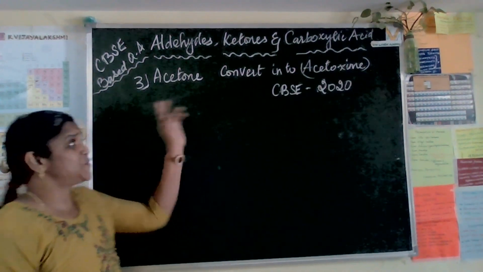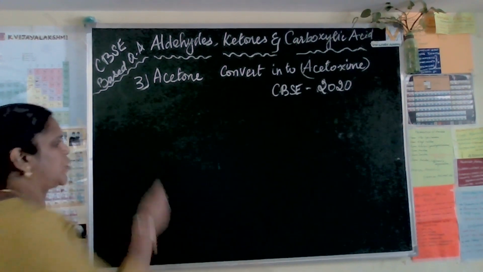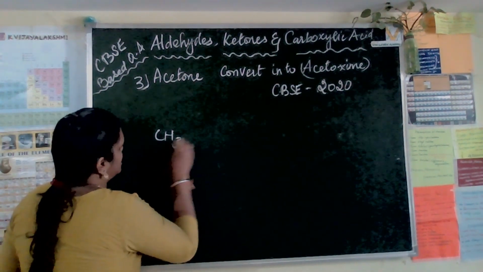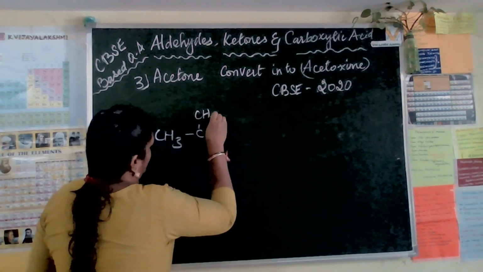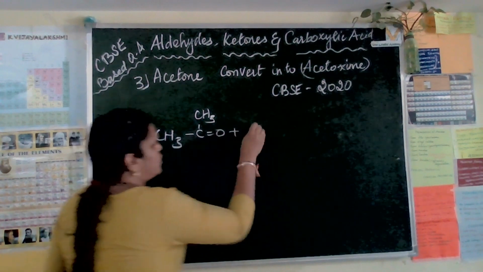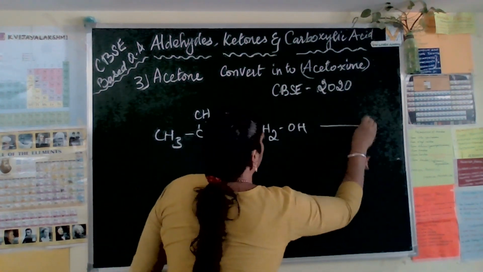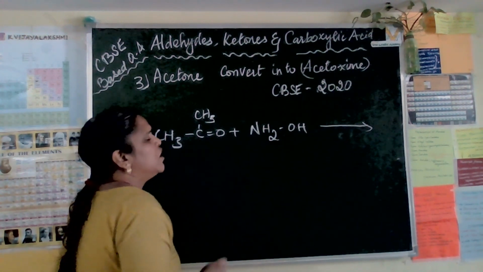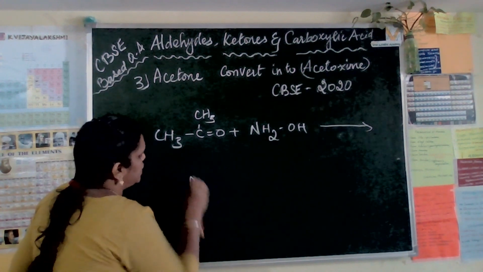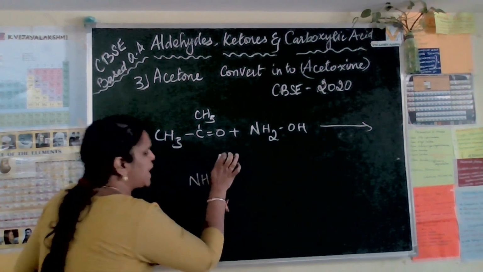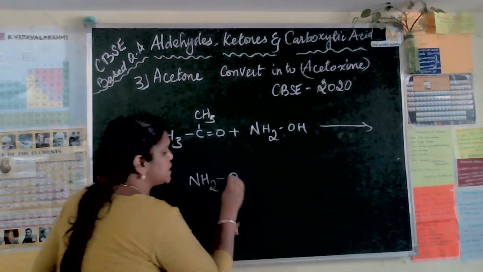The next question is very simple. Acetone is converted into acetone oxime. Now, what is the formula of acetone? CH3, C double bond O, CH3. It is combined with NH2OH, hydroxylamine. How to remember hydroxylamine? Here in NH3, I just remove one hydrogen and replace it with OH.